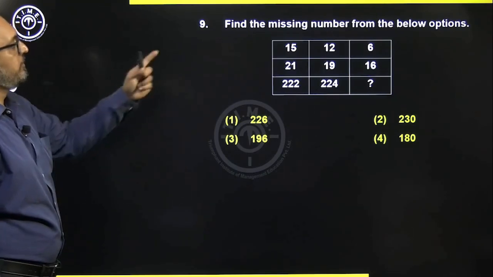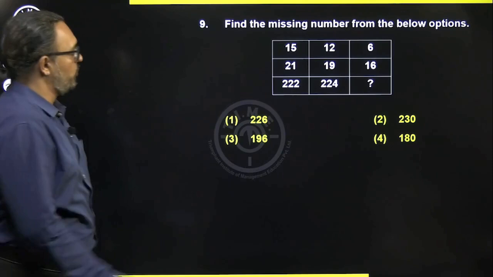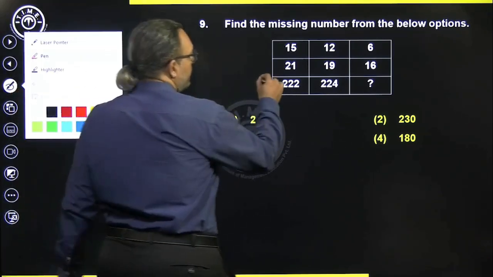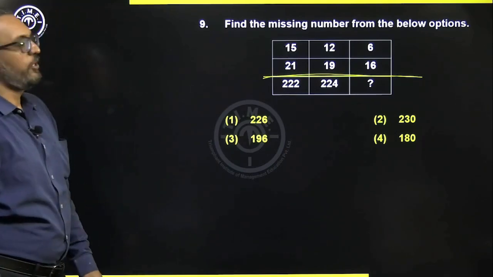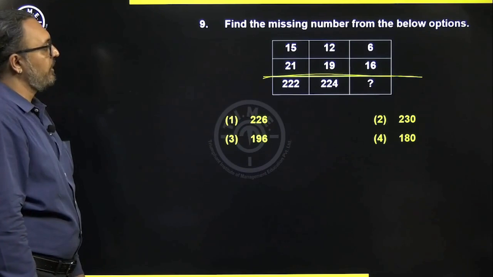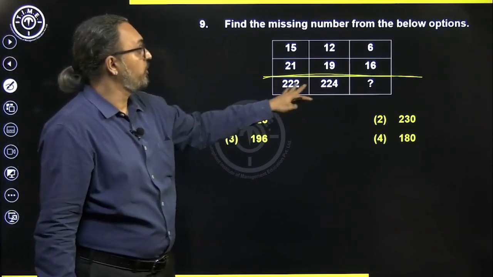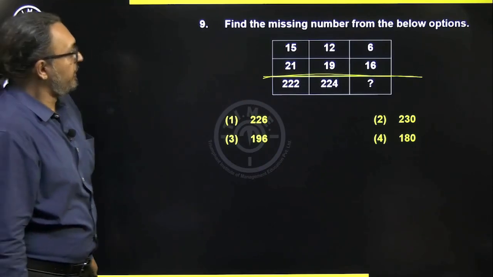Next. Find the missing number from below options. Okay. So let's take this vertically only. Vertical representation. So what can I do here? So you do have some bigger numbers here, 222, 224, correct? Yes.